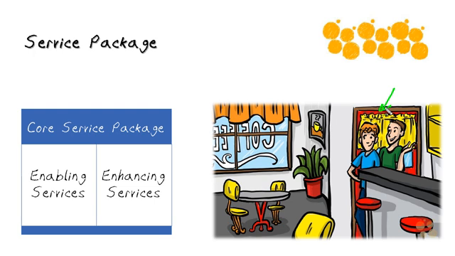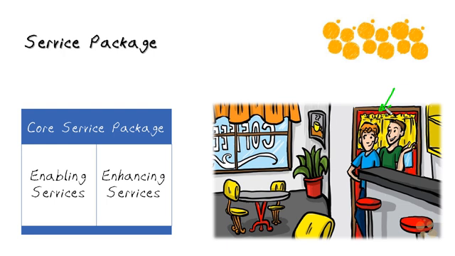Now, service packages, by the way, can be one or more services that you're going to put together. We could perhaps put together a sandwich and a soda combo. So when they come in, they get a sandwich and a soda. Well, something goes into making the sandwich, something goes into making the soda, but together that is still a package that they are able to get.